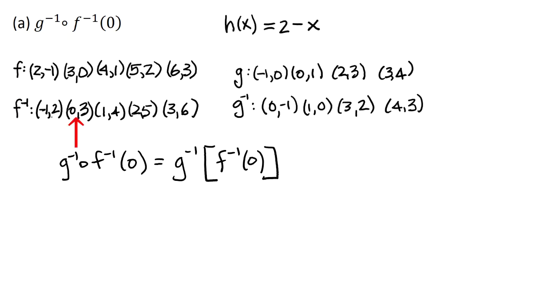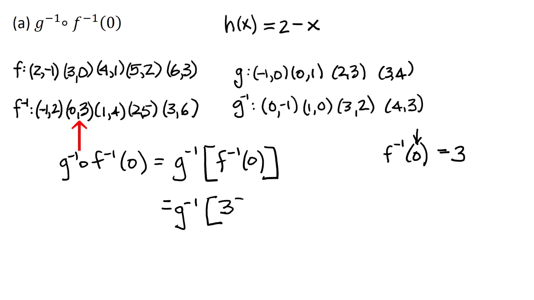I've got to look and see where that is. Remember, f inverse at 0, this is the domain point here, and that's going to give me the range point of the inverse, which is 3.